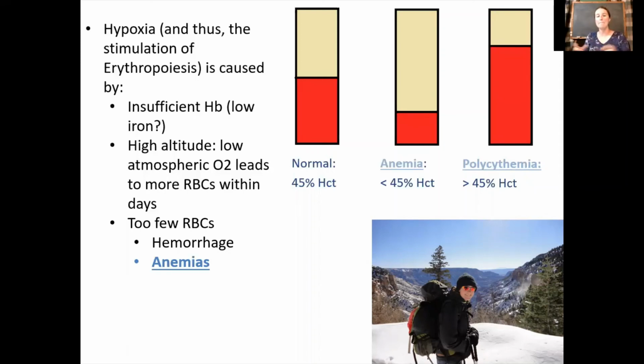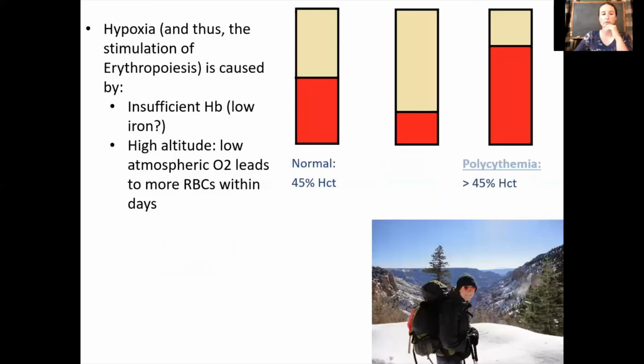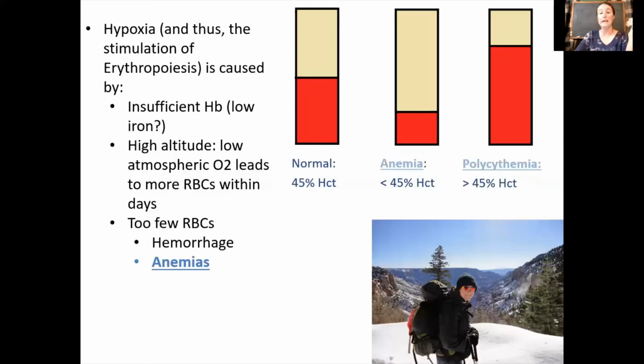Okay. Also, anemia, right? So hypoxia can be a side effect of anemia, right? So anemia is when we have less than the expected amount of red blood cells. And so we can see here that there is a much higher plasma content than there is red blood cell content.